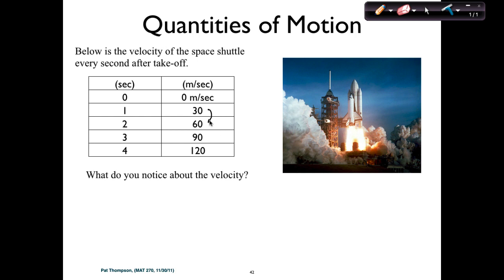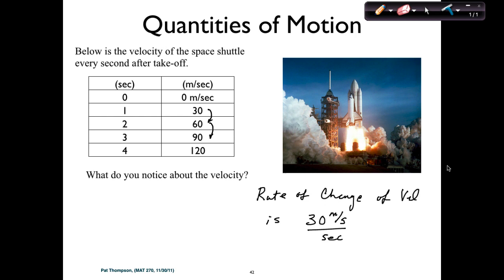More generally? What's the magic word? What's our big topic in this course? Isn't that the rate of change, right? It's the rate of change. Rate of change of velocity is 30 meters per second per second.